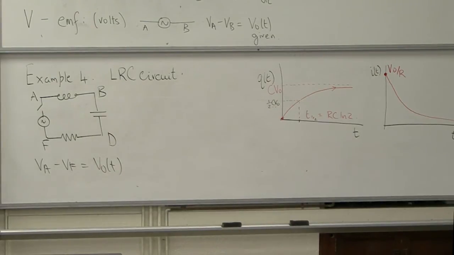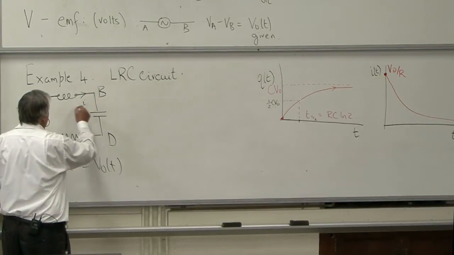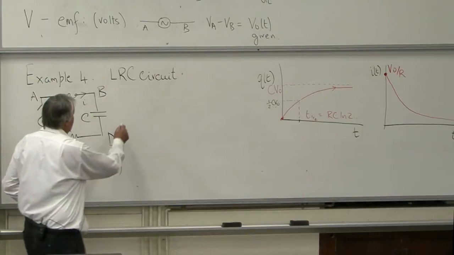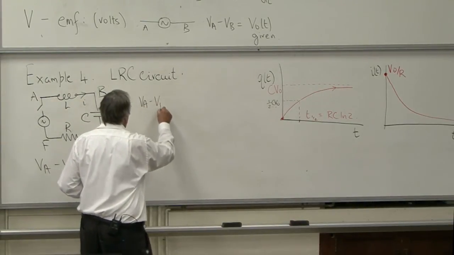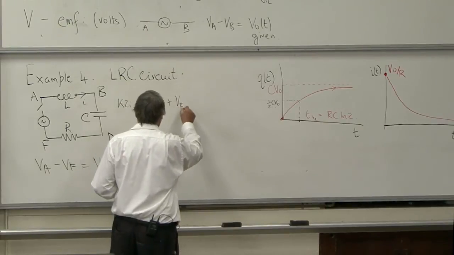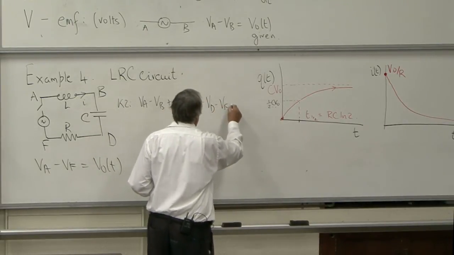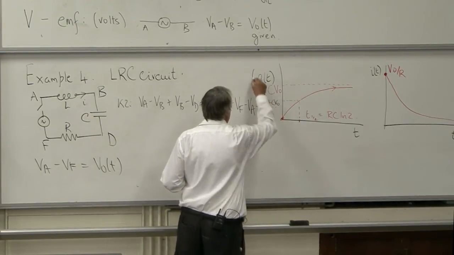Right. So, again, the current here, this is L, C, R. Kirchhoff 2 says VA minus VB plus VB minus VD plus VD minus VF plus VF minus VA is 0.